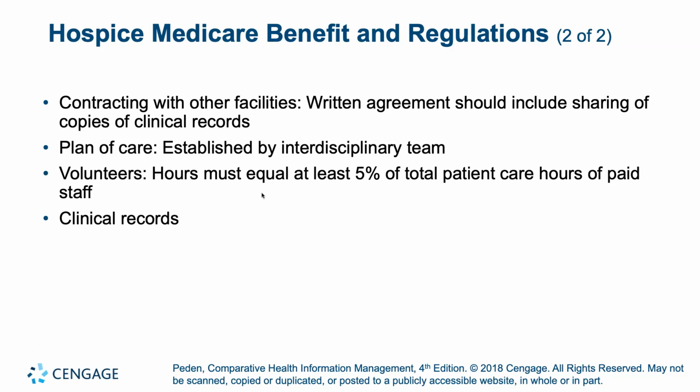Seems strange, I know, because volunteer staff don't have to be clinically oriented. They can do other things, but the number of volunteer hours have to be captured, and what those volunteer hours are made up of has to be captured. And you have to be able to prove that.